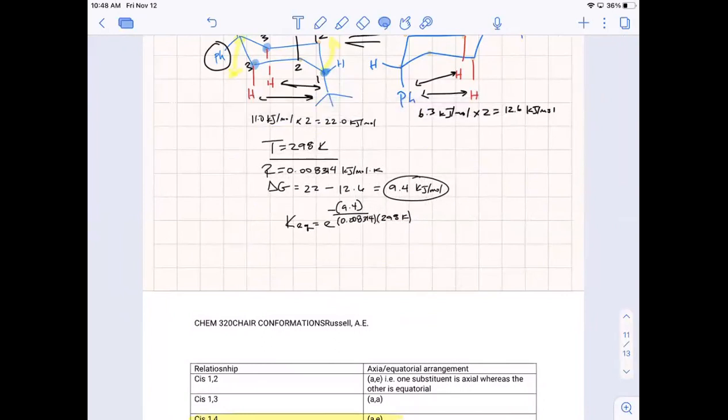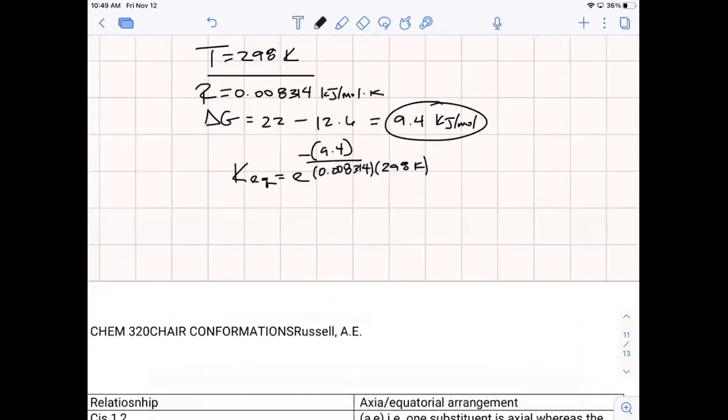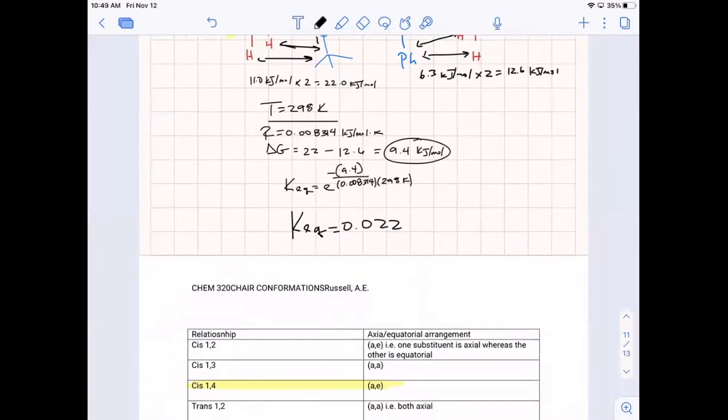And then delta G, I calculate by using the values for the diaxial interactions and calculating the energy for the conformation. Anybody got the number yet? 0.0225. You said 0.022. Yes. All right. So that's Keq.